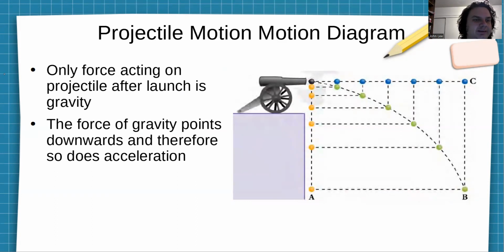So for all of these points, net force is pointing down with some constant force, which means that there's a constant acceleration pointing down, and there's no force pointing in the x direction. So by Newton's second law, what this means is that there's only acceleration in the y direction and not the x direction.